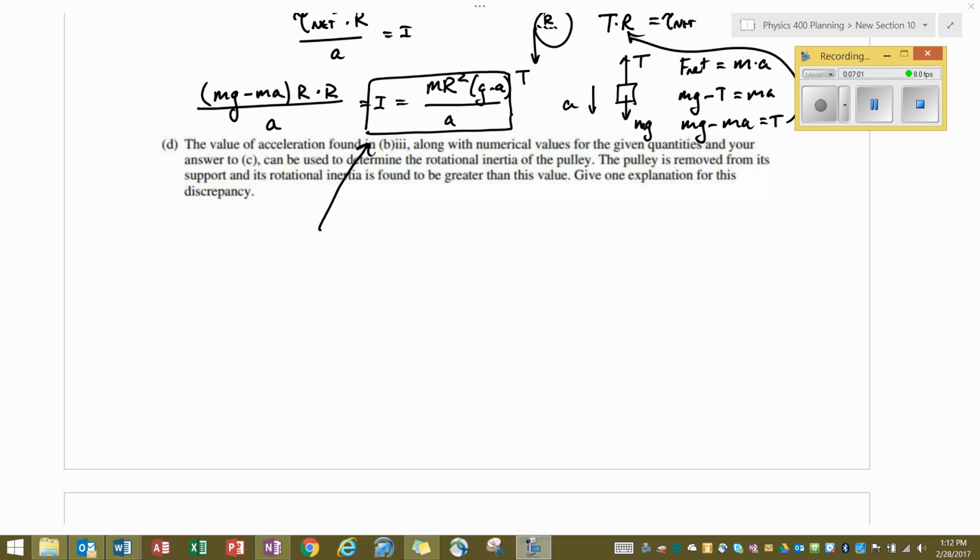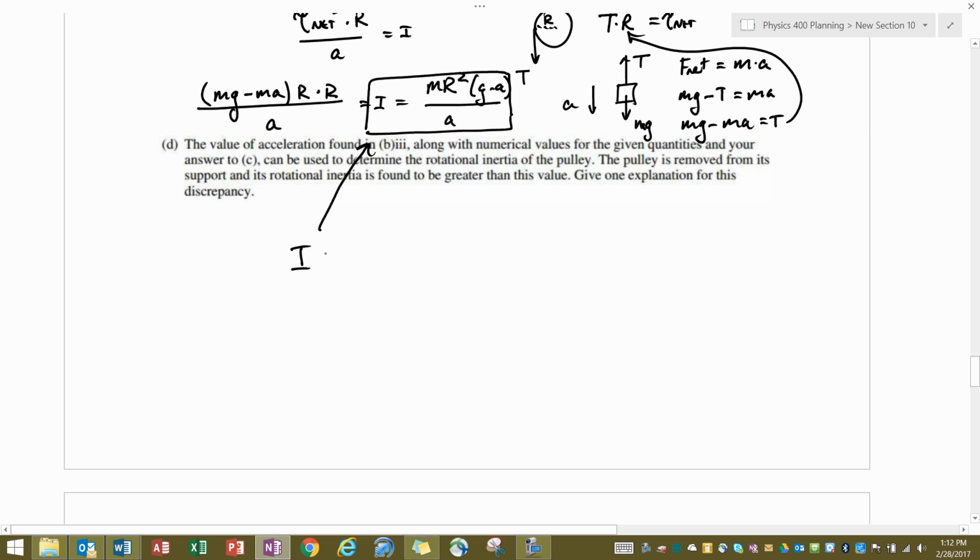So if you look, it tells us what that moment of inertia depends on. Moment of inertia is equal to m R squared times g minus a all over a.